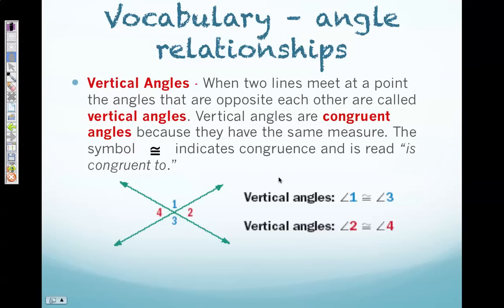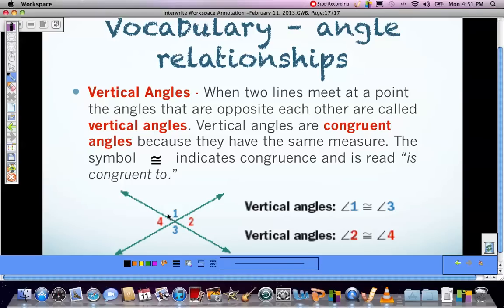Now, your example in your guided notes is in black and white, so it's not color-coded so nicely like this. So if you have a highlighter and can color code, that would be excellent. You can see the blue angles, angle 1 and angle 3, this angle and this angle are vertical angles because they are opposite each other.